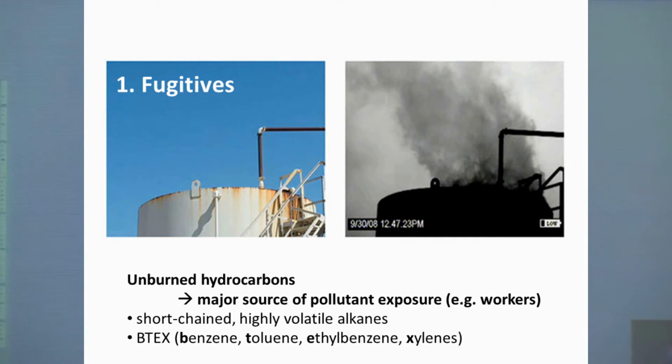So you will not have these tanks become an absolute zero source. There will always be a source, but it can be minimized. This is probably also the largest source of BTEX compounds, which are of special consideration for public health.